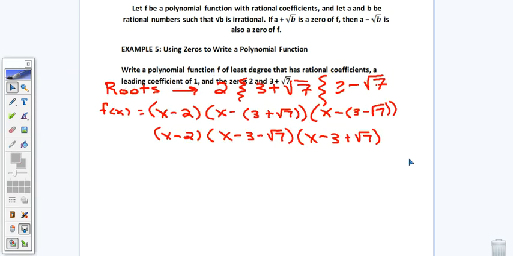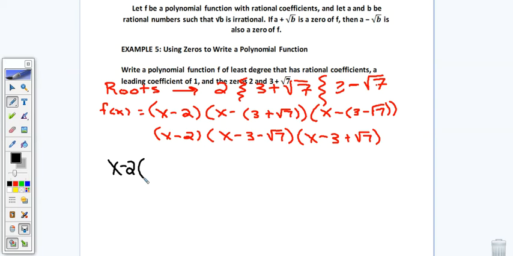We're going to start expanding this puppy. This is not going to be fun. Anytime you have to expand this right here, start with the ones that have the root in here. So I'm going to take everything in here times everything in here. You ready for this? I'm going to take the x times the x first, kids. What is x times x going to be? Okay, and maybe I should back up on this. I'm going to leave the x minus 2 alone for now. We'll multiply that in last. So I'm going to leave this as x minus 2 times the following.